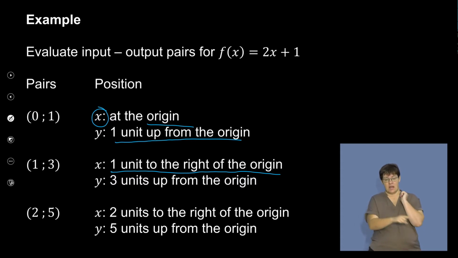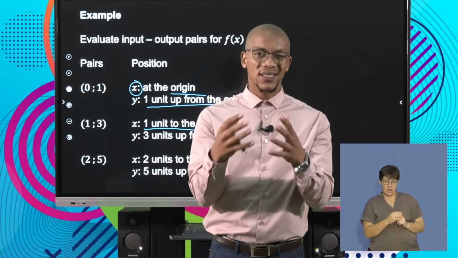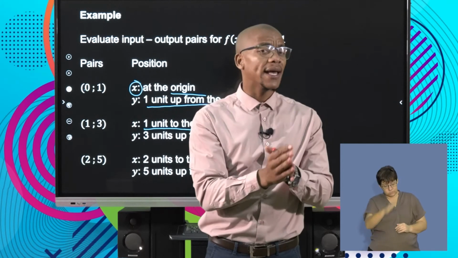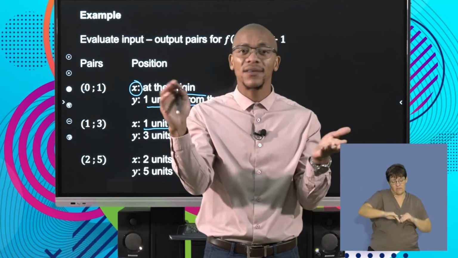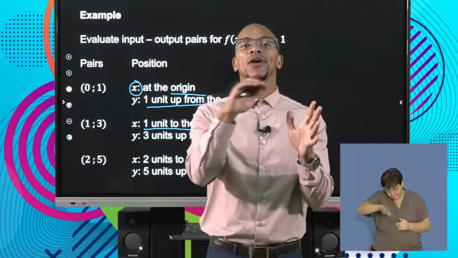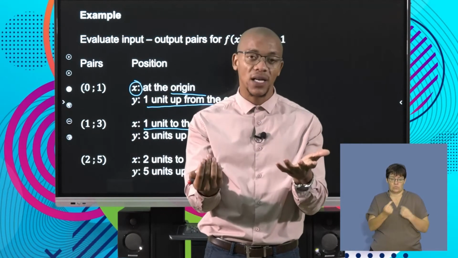And then the last one is 2 and 5. So 2 means that it's 2 units to the right of the origin. And then remember, 5 units up from the origin. Now I'm going to show you how to do this. The trick here, guys, is to join these things with a straight line at the end, provided it is a linear function, right? Or join it with a curve, whatever it is that can join those points when you're dealing with functions.